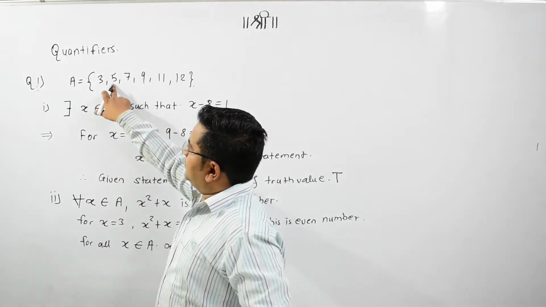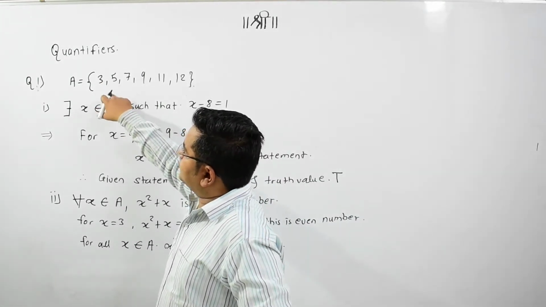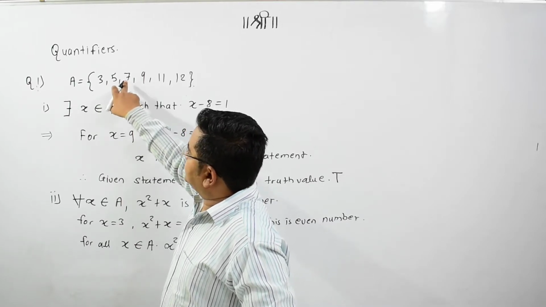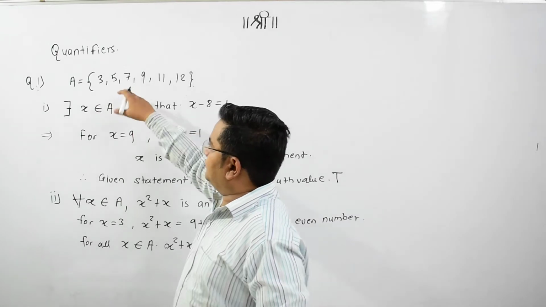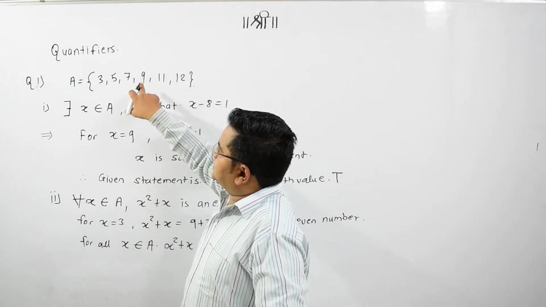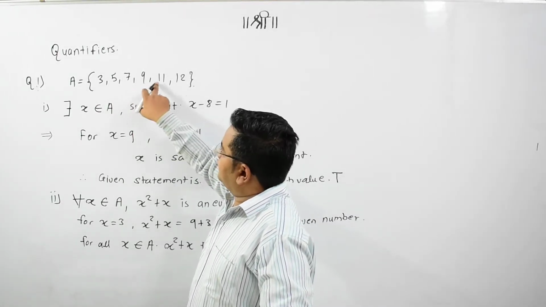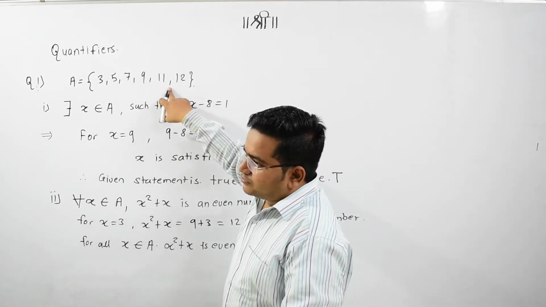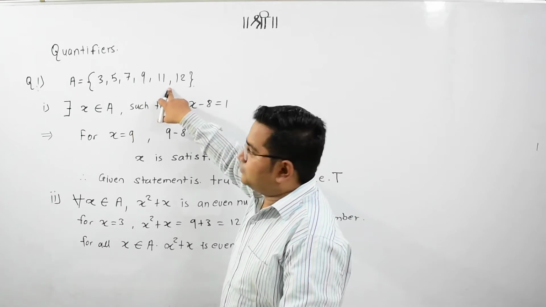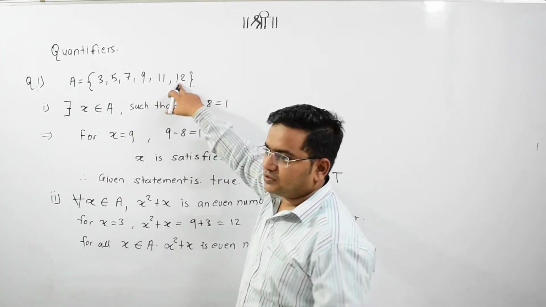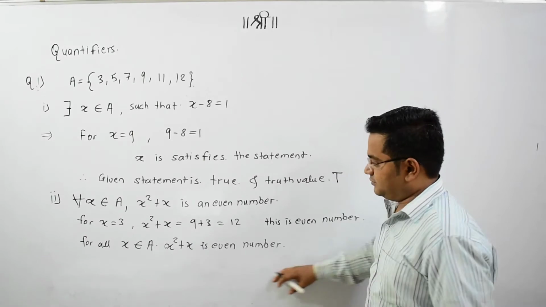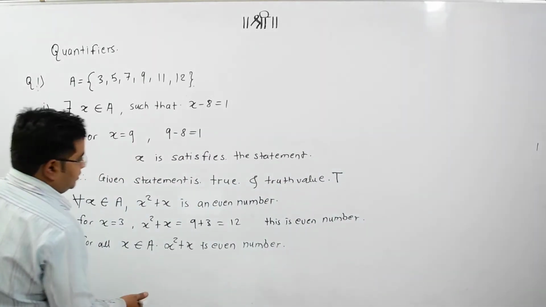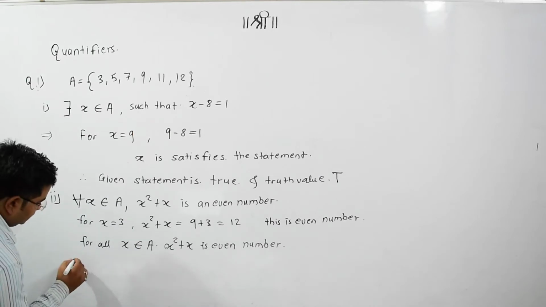If you make the square of 5, 25 plus 5 will be 30. 49 plus 7 is equal to 56, again an even number. 81 plus 9 is equal to 90, again even. 11 square, 121 plus 11 is equal to 132, which is also an even number. So if you follow this statement, the statement is satisfied, therefore again the given statement is true.